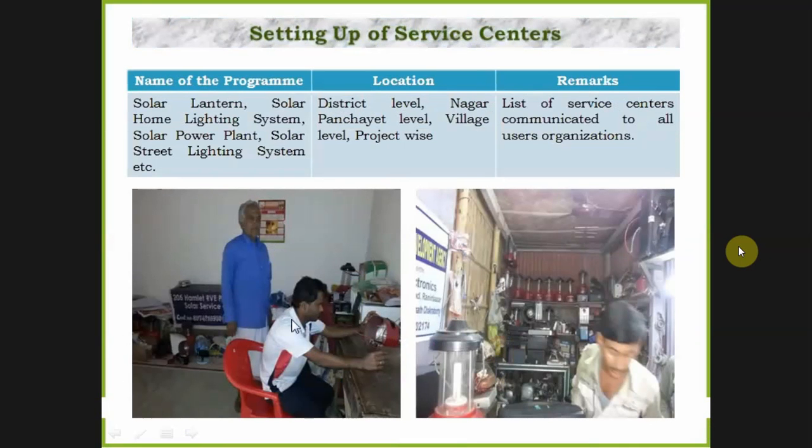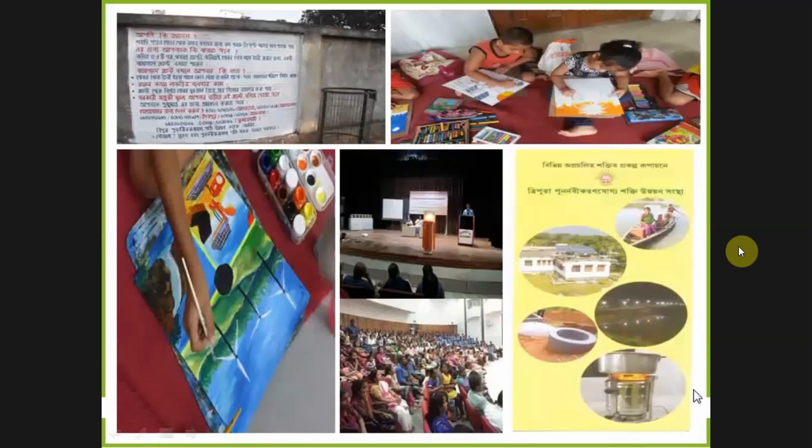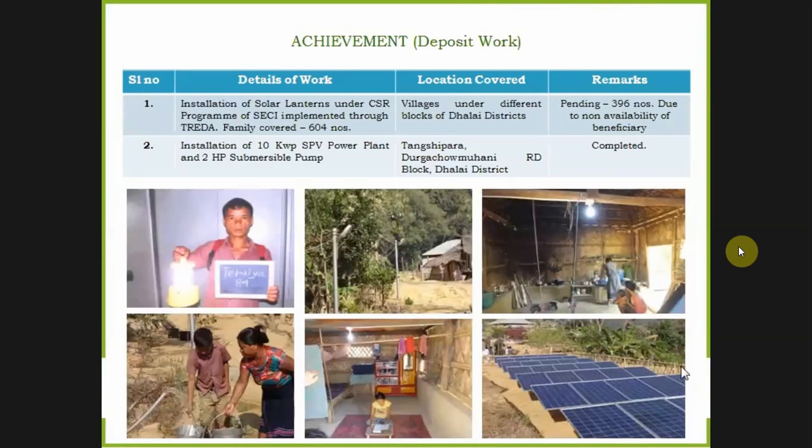This is the service center we have developed in every corner, because the main thing is post installation and maintenance. Whenever we install this, we have set up a maintenance and service center in every corner for maintenance of the system. And we have awareness generation also, right from school and the panchayat level and everywhere, for awareness of these systems.